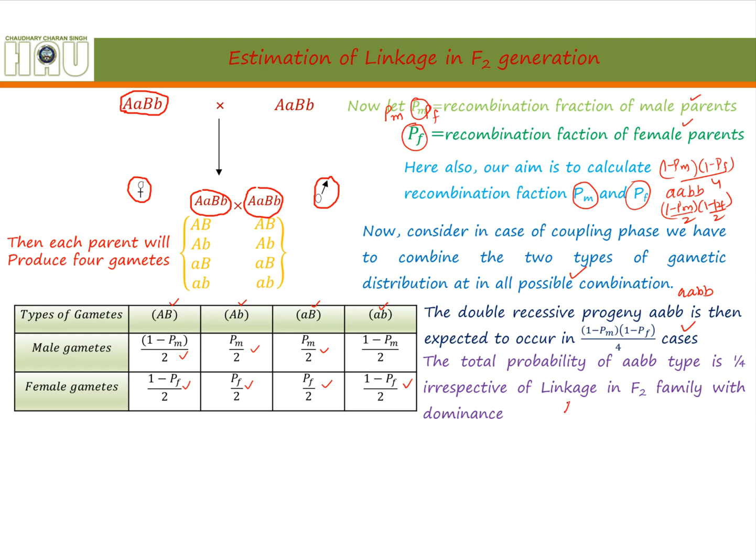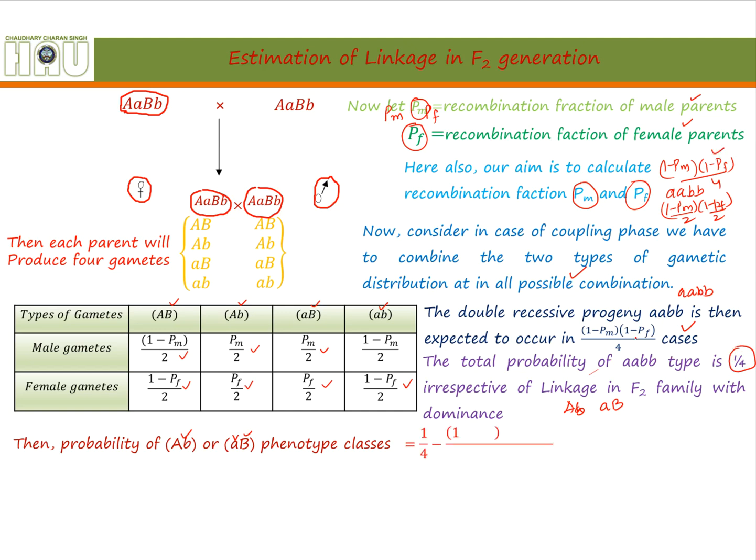Now, what is the probability of capital A small b and small a capital B phenotypic classes? I just subtract, since it is 1 by 4, minus this thing.